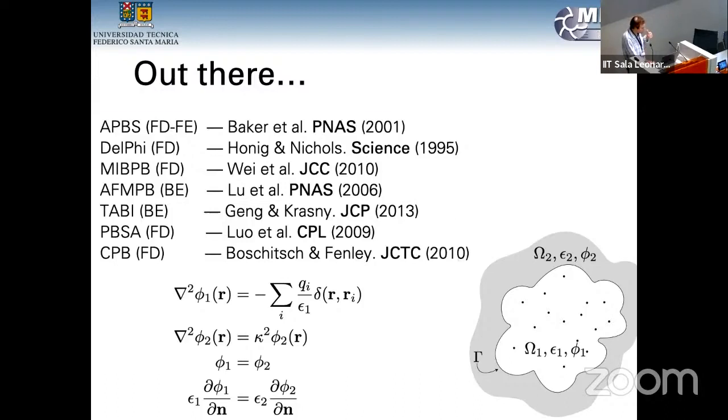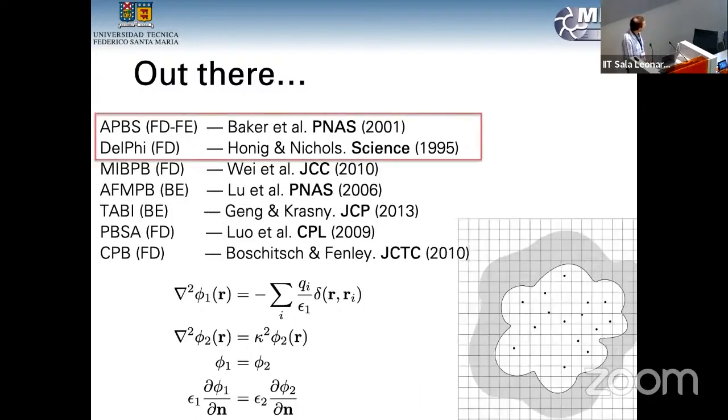But perhaps the most used ones are by far APBS and DelPhi, APBS mostly in the finite difference version. They work really well, but of course, finite difference has its difficulties when you have a sort of staircase kind of representation of the dielectric constant.